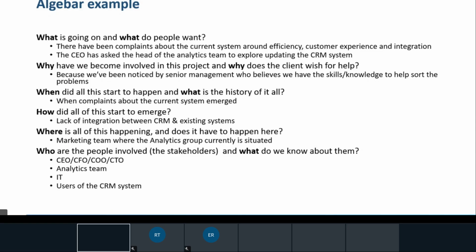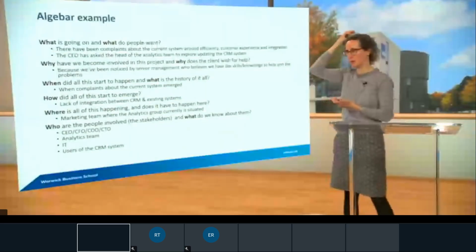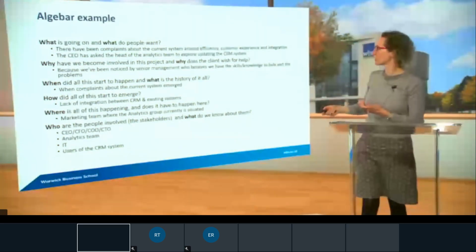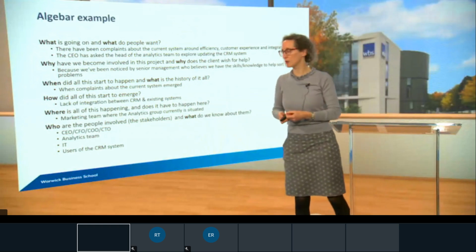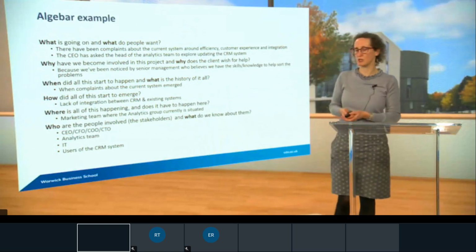Well, I'm sure we could find out some more about these people, but based upon the information we have so far, we have the CEO, the CFO, the COO, and the CTO. We also have the analytics team, the IT team, and we have the users of the customer relationship management system. I would argue that we might also put the customers themselves in there, but perhaps that's intended to be included as part of the users.